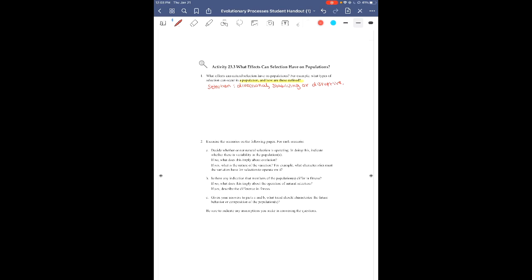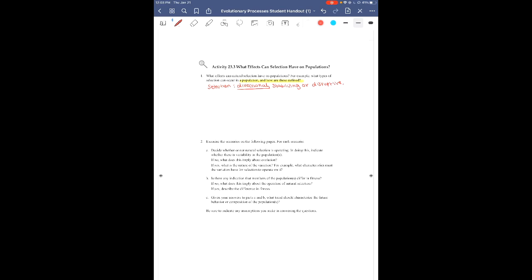If selection removes individuals that show extreme forms of phenotype characteristics, then the mean for the characteristic can appear to move in a more positive or a more negative direction, and that is what directional selection looks at.